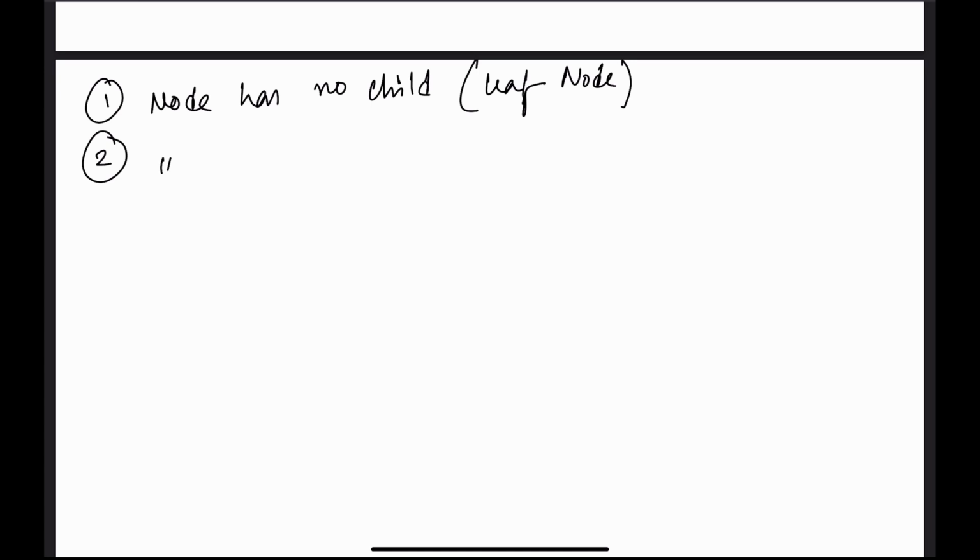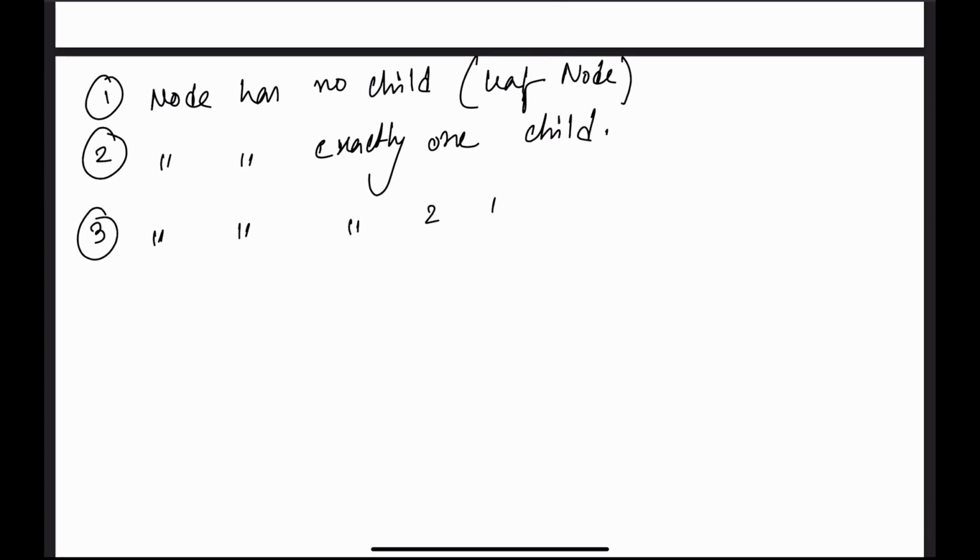The first one is node has no child, that is, it's a leaf node. The second is node has exactly one child, and the third is node has exactly two children.